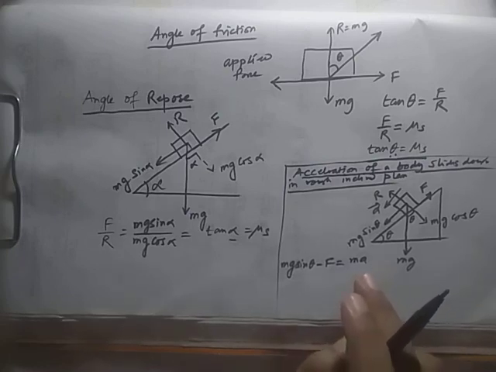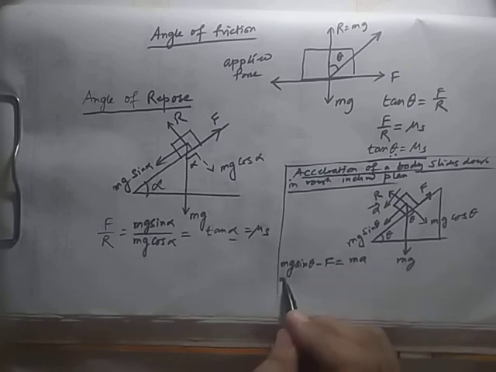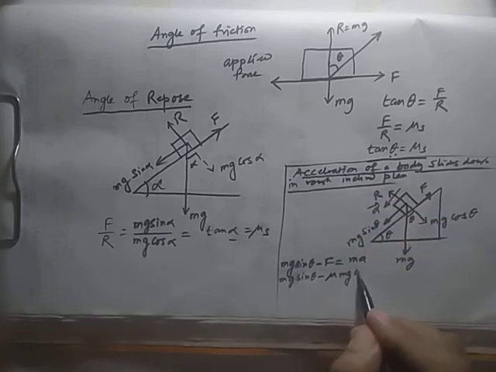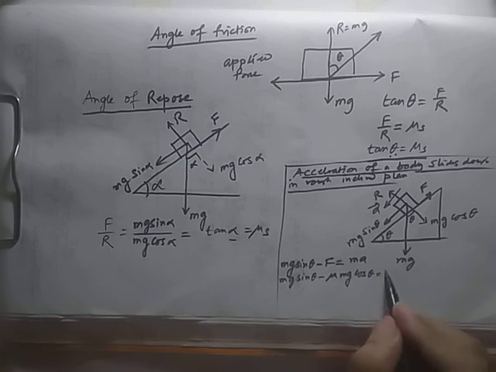Okay, so f is equal to mu into R. We can write mg sin theta minus mu R, which means mg cos theta, is equal to m into a. So we will cancel m here.